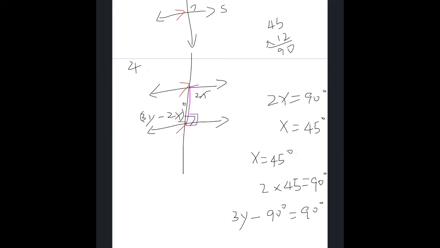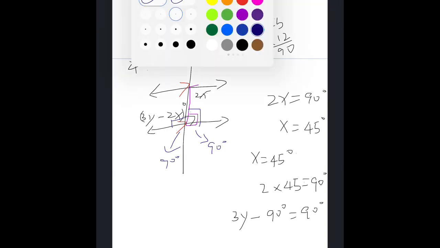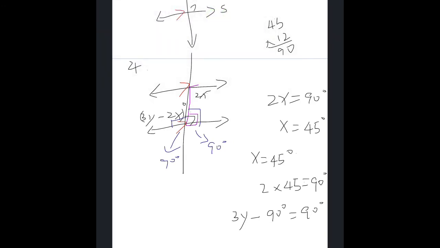Because they're parallel. If we know the line in there is equal to 90 degrees, that means this one is 90 degrees too. That is absolutely simple. We must know that. Everybody should know that.